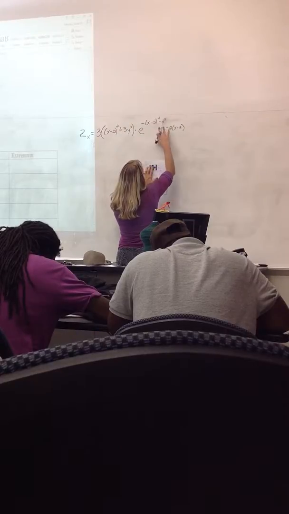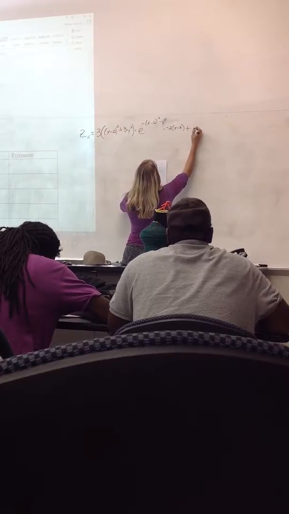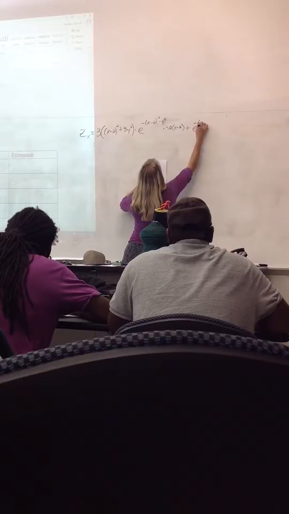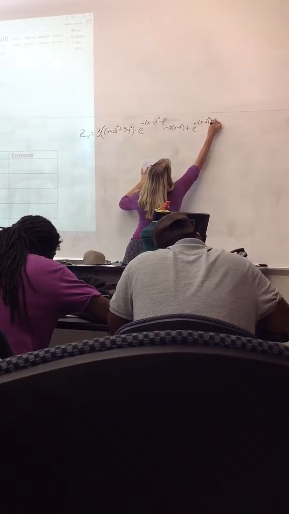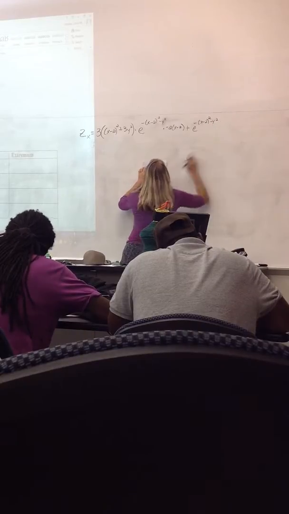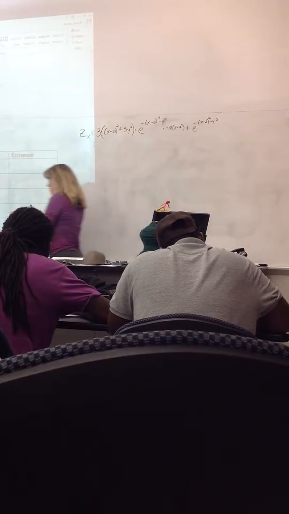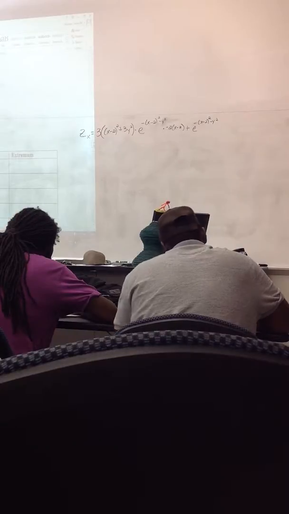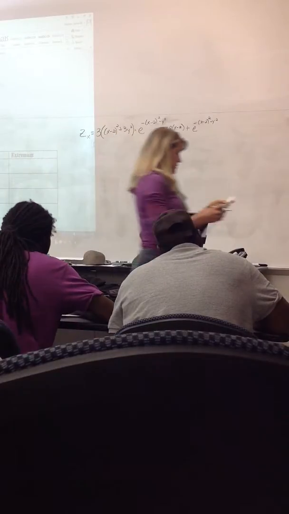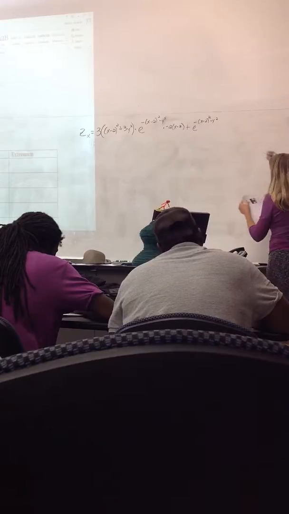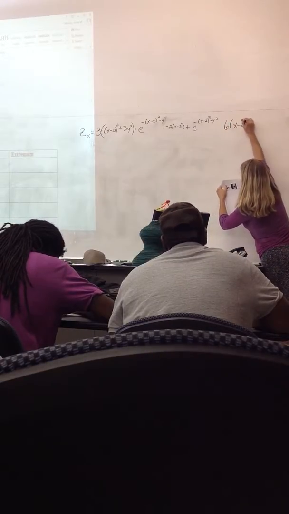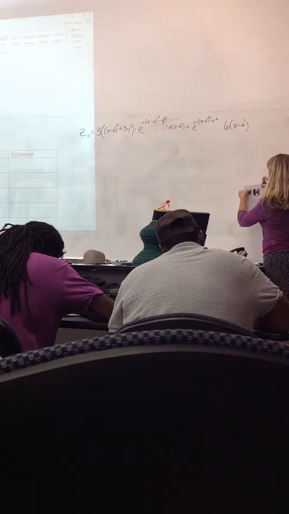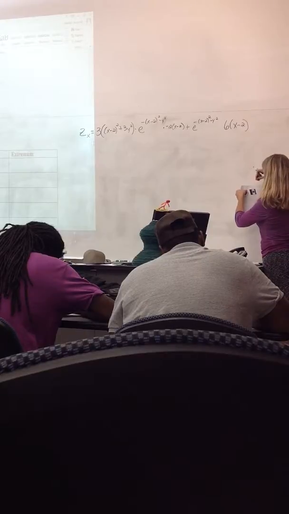So first times derivative of the second plus the second times derivative of the first, and let's see, I get 6 times the x minus 2. That's all in terms of x, because the other term is just y.